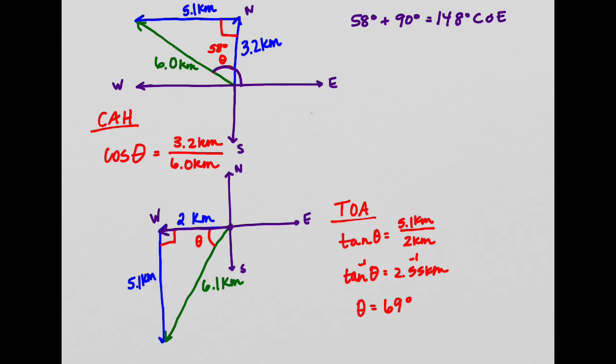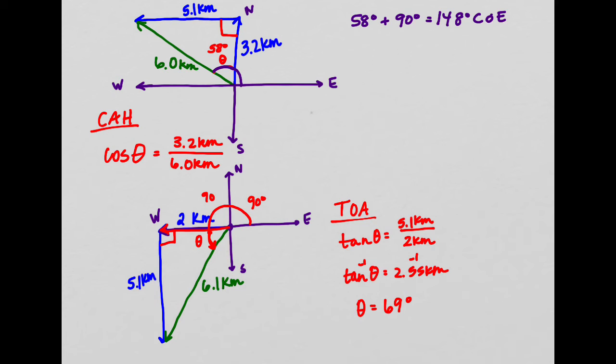Okay, so now remember, we're not quite done yet, and the reason for that is because this angle is just from west to the resultant, right? So that's just this angle right here. But what I really want, what I have to find, is my counterclockwise of east rotation. So in order to do that, I have 90 degrees in this quadrant to add, and 90 degrees in this quadrant to add.